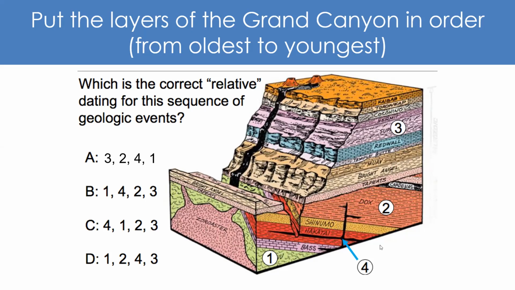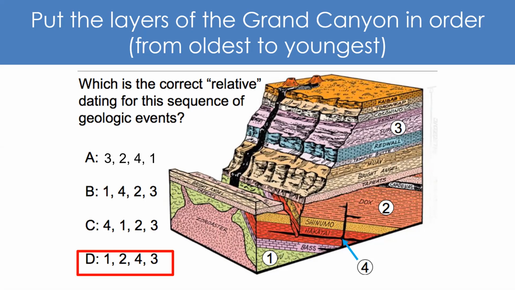Now, using cross-cutting relationships, now we're moving on to sections 2 and 4. So 4 is cross-cutting that unit 2 that we see. So which had to come first, unit 2 or unit 4? Two. Very good. So we have 1 being the oldest, 2 being the next oldest, and then 4. And then assumingly 3. So that means that the answer for this one is D.